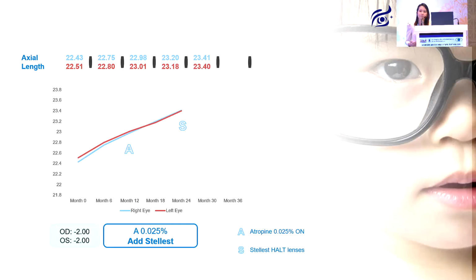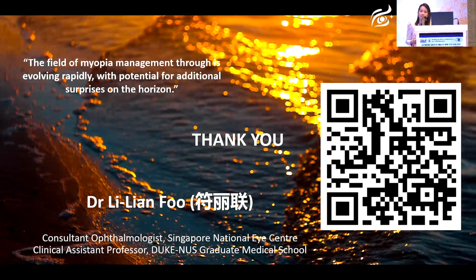Because of suboptimal response to low-dose atropine alone, what I did for this patient was add on the Essilor Stellest glasses. You can see that after adding on, the gradient continues to slow down. The patient eventually has stability in terms of myopia progression while on combination treatment, low-dose atropine as well as Essilor Stellest glasses. So that's the end of my talk.